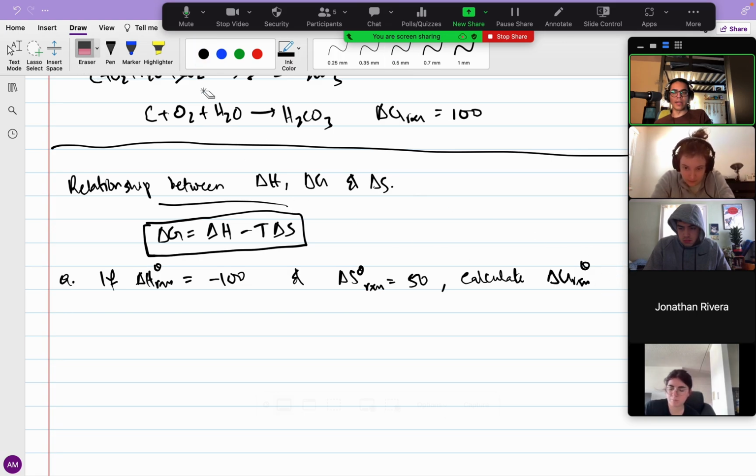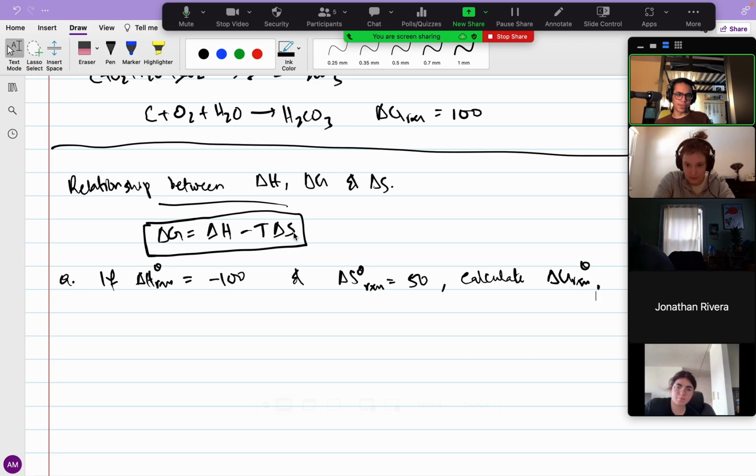By the way, there's a quick remark. There's pretty much always a unit inconsistency between delta H and delta S. Delta H is usually given in kilojoules, and delta S is usually given in joules per Kelvin.